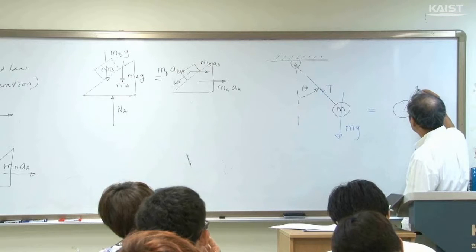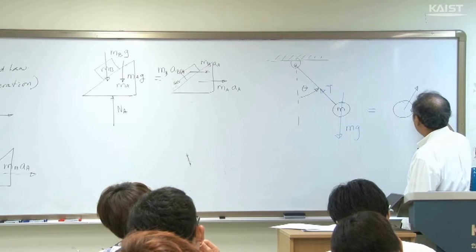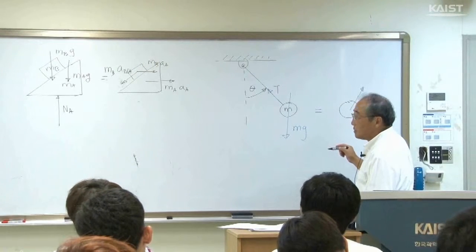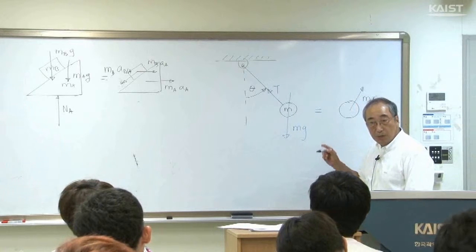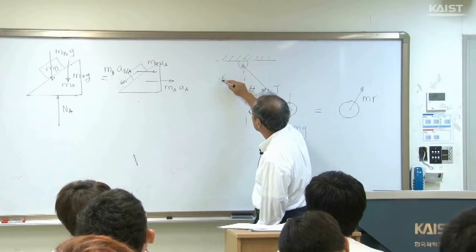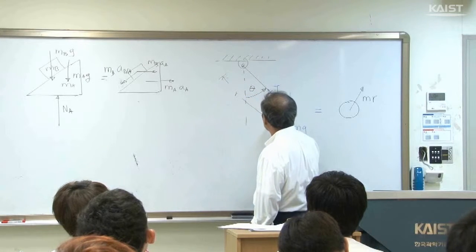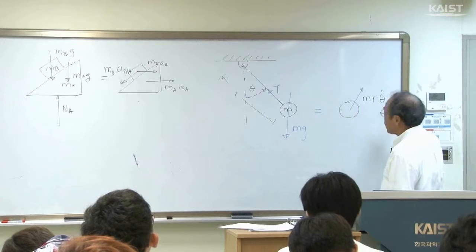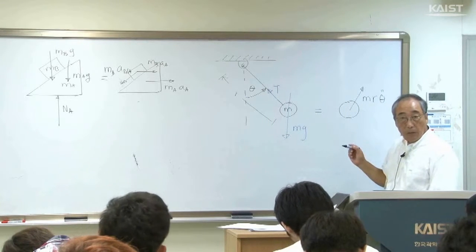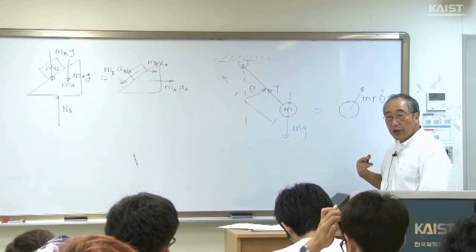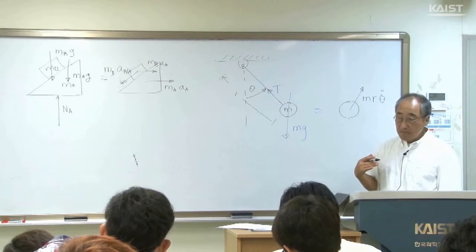So this will be m, and if I write the length of this cord as r instead of l that I used in the last lecture, say this is r, r theta double dot. Okay, that is the angular acceleration.